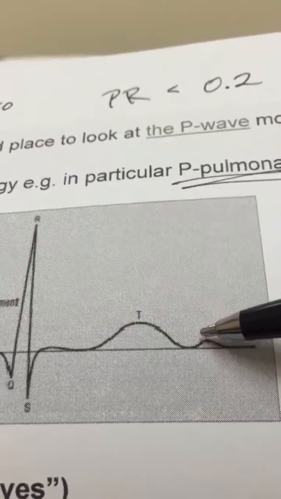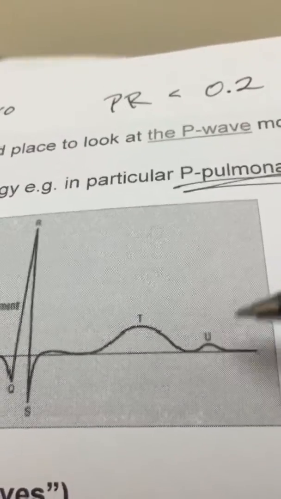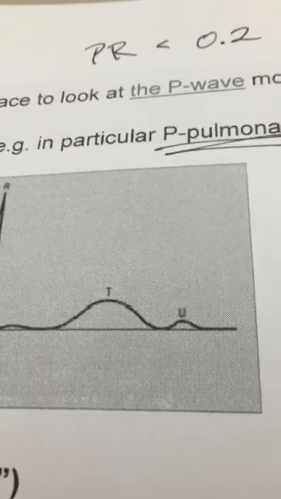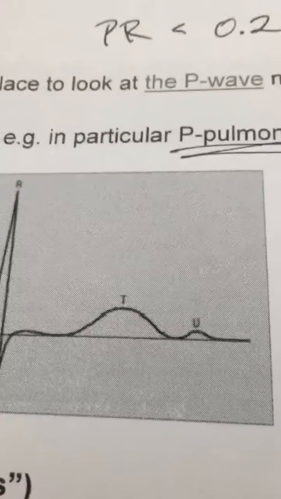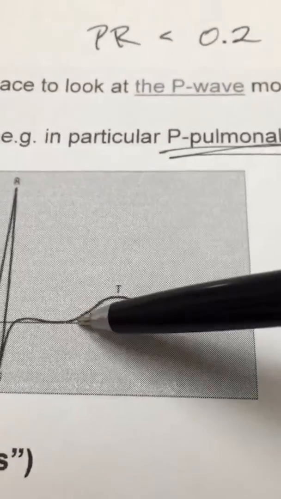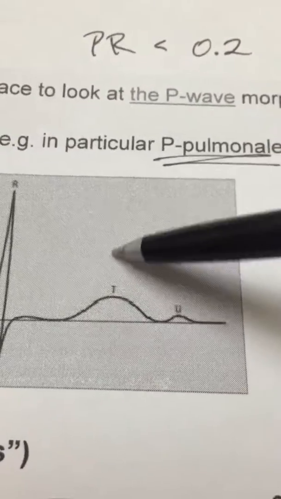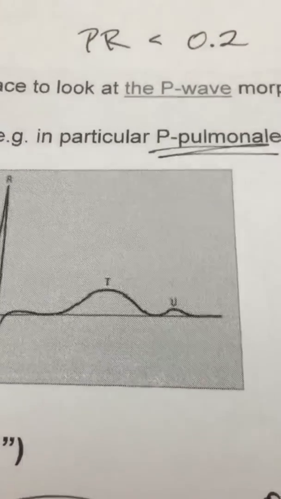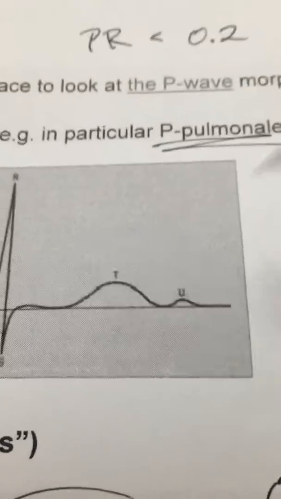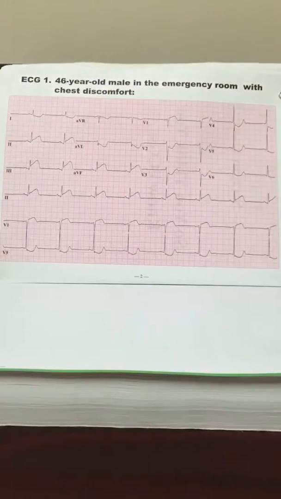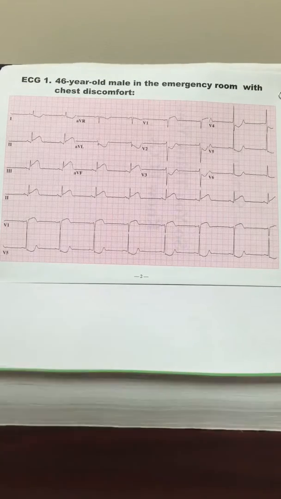Usually you will not have a U wave in a normal EKG, but a U wave can be indicative of hypokalemia. Also, a higher amplitude, high peak T wave could be a sign of hyperkalemia. So T wave and U wave abnormalities are important for potassium electrolyte abnormalities.